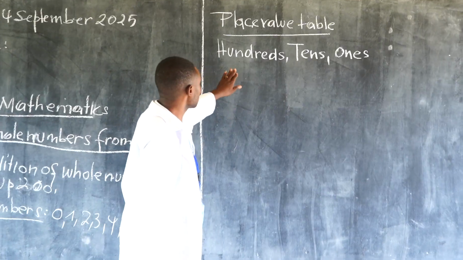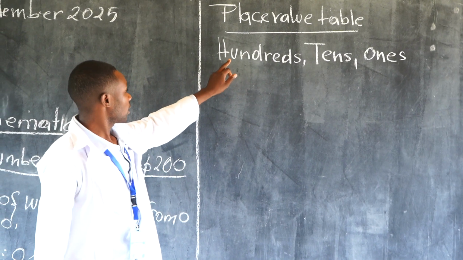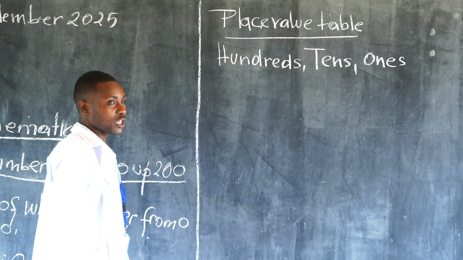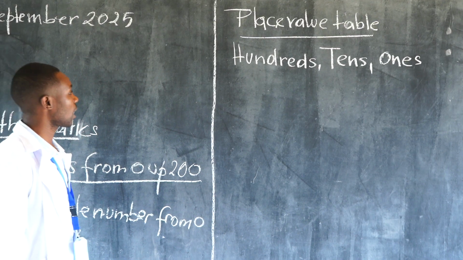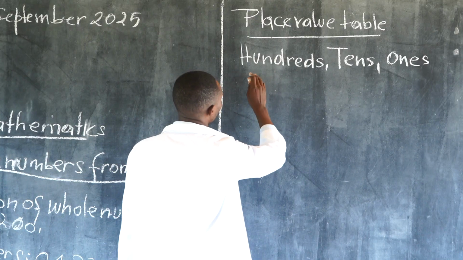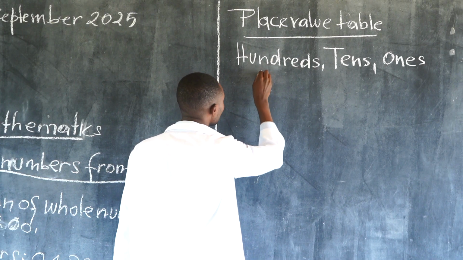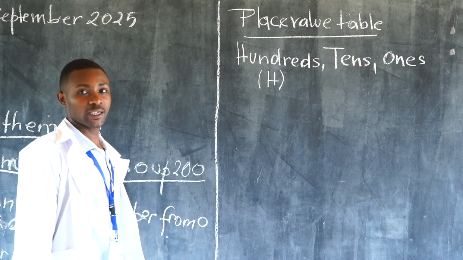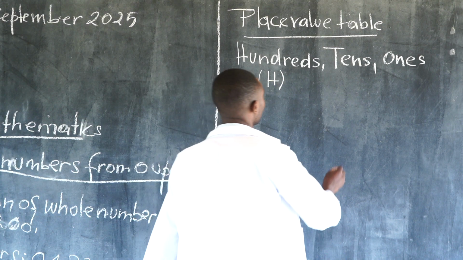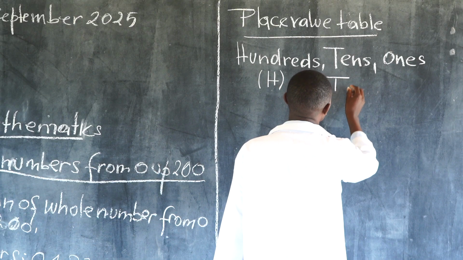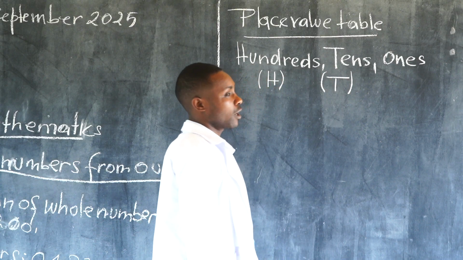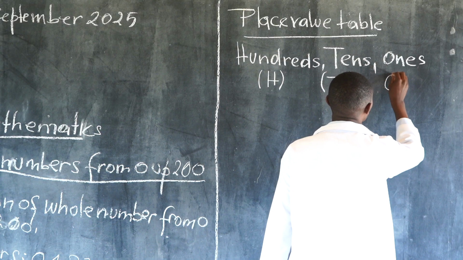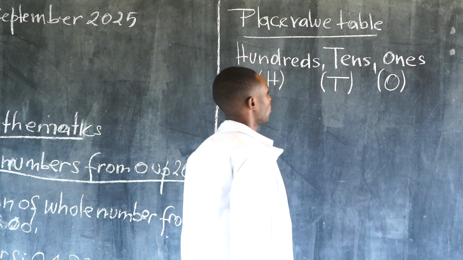Now we are going to see the letter which represents hundreds. Hundreds is represented with the letter H. Now tens is represented with letter T. Now ones is represented with the letter O. Okay.